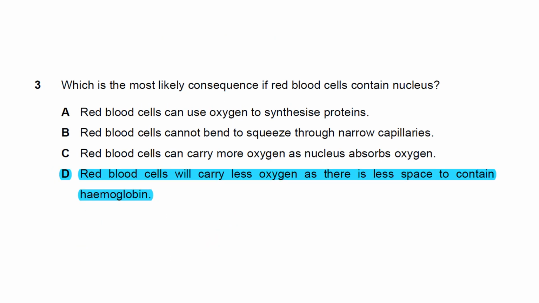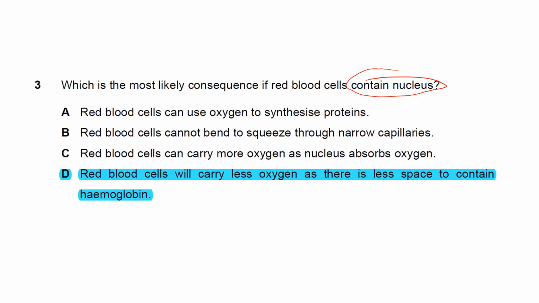Question 3, which is the most likely consequence if the red blood cells contain nucleus? By right, the red blood cells do not have nucleus, especially in humans, because they want to have more hemoglobin, so that with more hemoglobin, I can transport more oxygen.